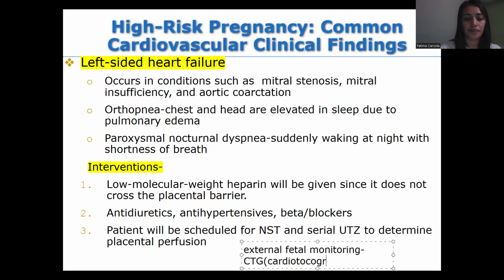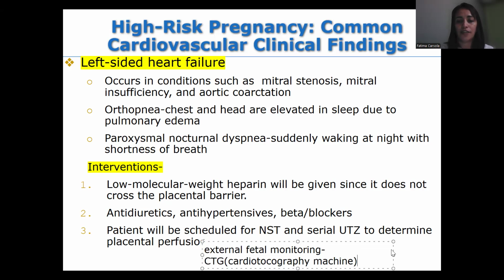It measures the heartbeat of the baby, and the toco means the contraction of the mother. So it records the heart rate of the baby and the contractions of the mother.